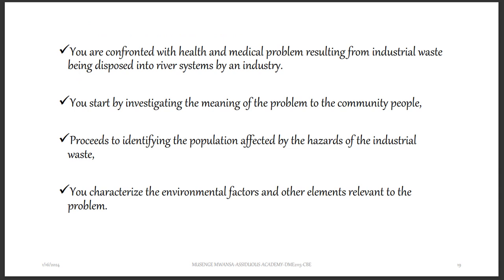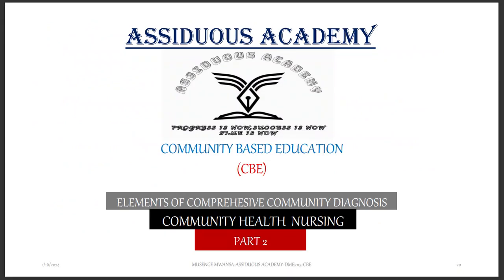And also you characterize the environmental factors and other elements which are relevant to that problem. So that is basically problem oriented community diagnosis. You look at a problem, you see how much it is affecting the community, to what level, or how big the affected community is, and then you find out more about that and how you can fight it.